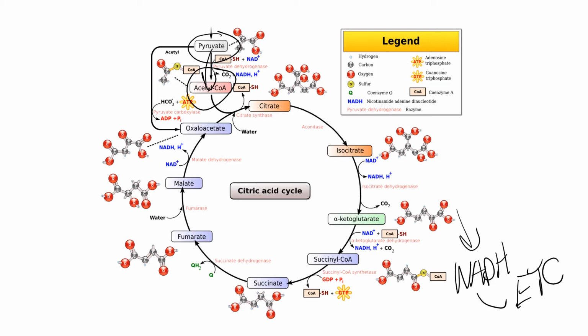Not without NAD. If all of the NAD inside of the matrix is becoming NADH and it's stuck as NADH waiting to get into the electron transport chain, then you don't have the necessary coenzyme to convert pyruvate into acetyl-CoA. So what's going to happen to pyruvate in the matrix of the mitochondria? It's going to accumulate. The pyruvate will accumulate because it can't become acetyl-CoA due to the fact that NAD is lacking.